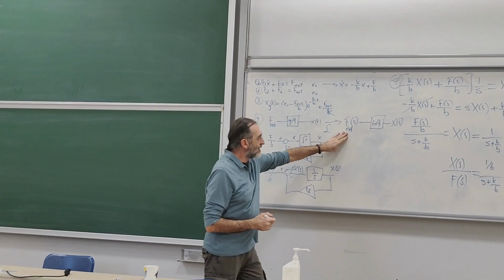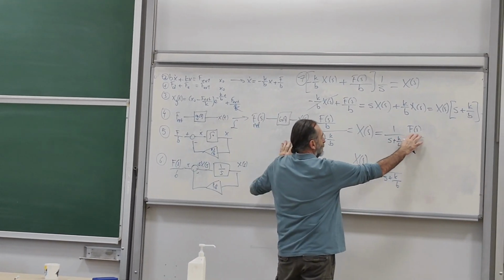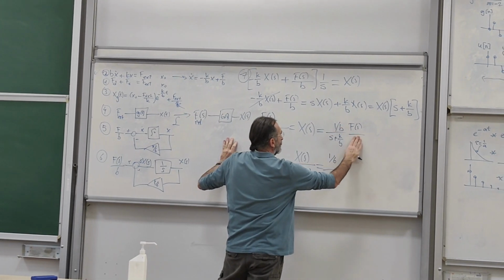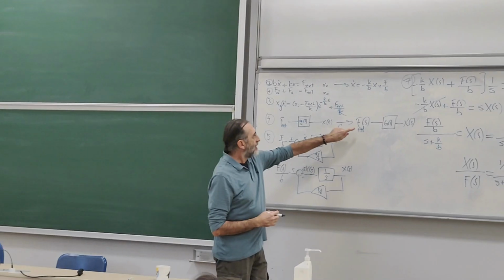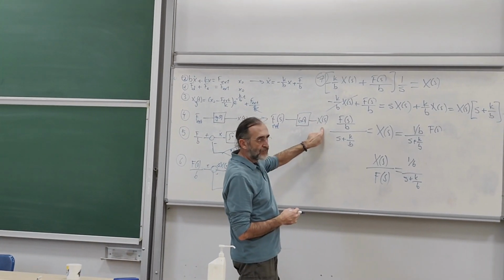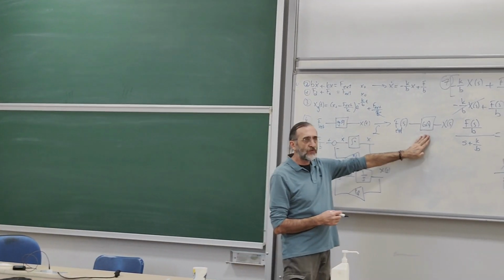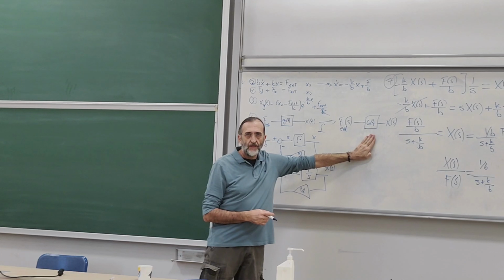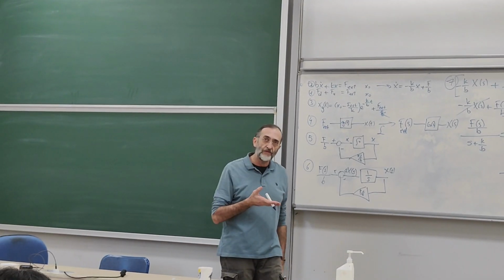So I'm looking at the input, and the output, or the input times 1 over B, giving me the output. So this multiplied by that is equal to the output. Right? In time domain, I can't do this. What do I do in time domain? Convolution. Okay, convolution takes an integral.